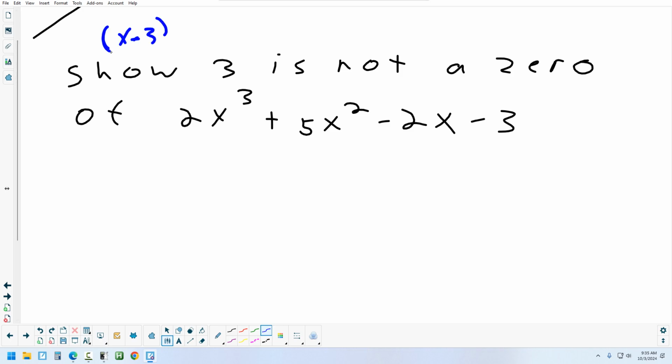So rather than show 3 is not a 0, what do you think I'm going to show? That x minus 3 is not a factor. Does that make sense? Instead of showing 3 is not a root, we're going to show x minus 3 is not a factor.